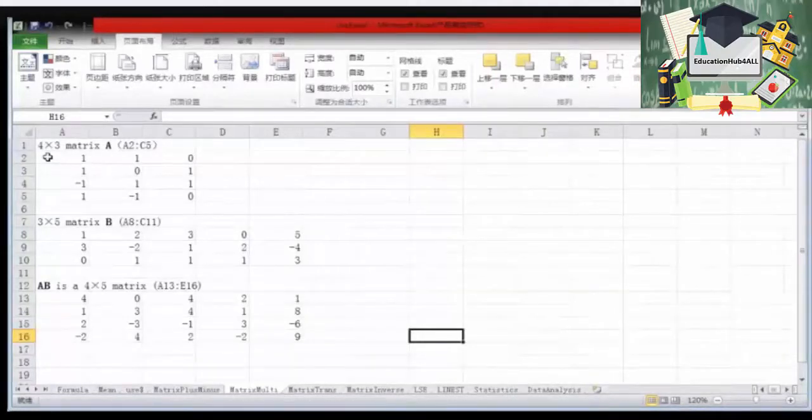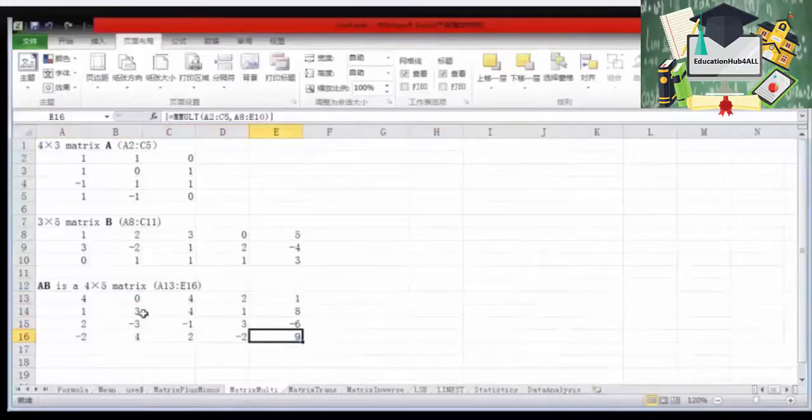B is 3 by 5, 3 rows, 5 columns. So how large is the matrix A multiplied by B? 4 by 5. Okay, 4, 5.